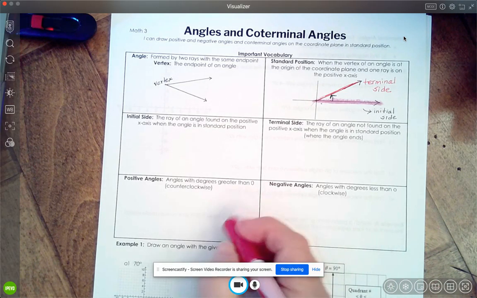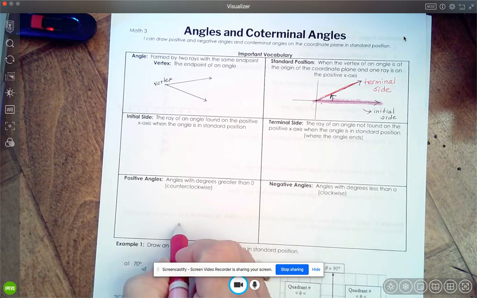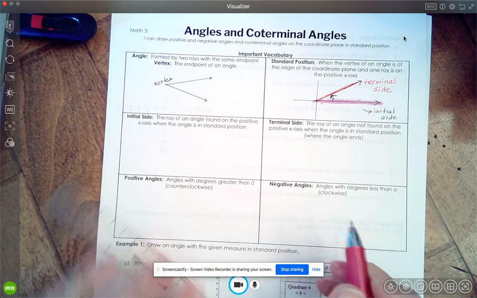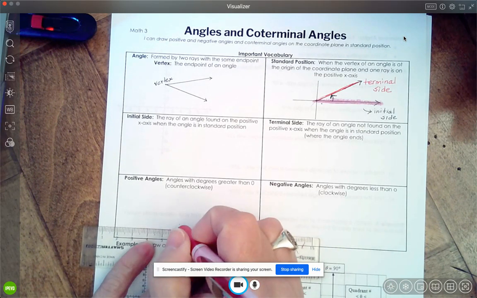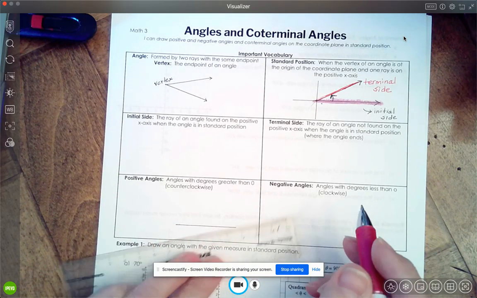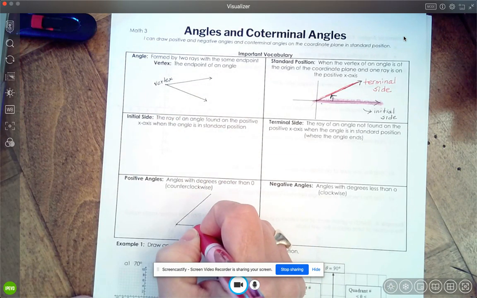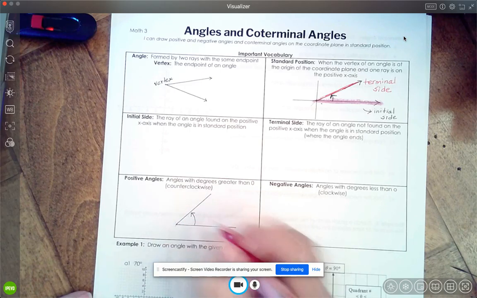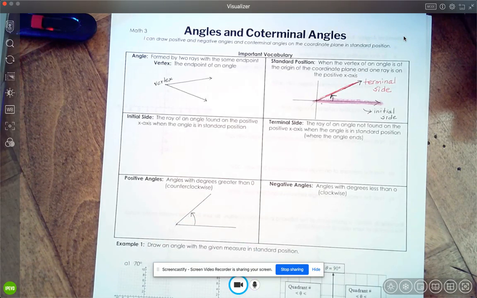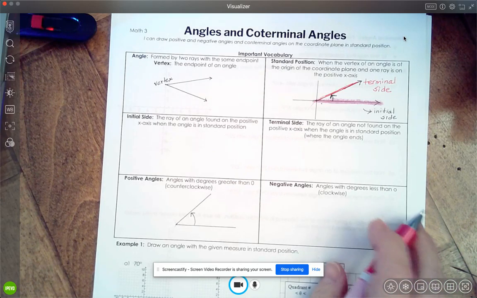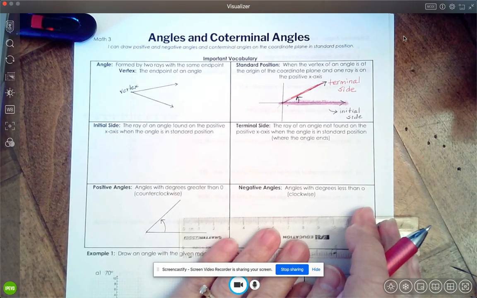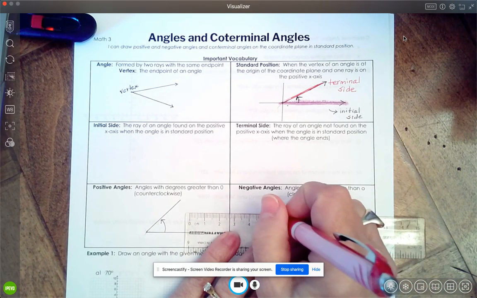Now, a positive angle is going to go counterclockwise, and it is going to be greater than 0. It doesn't matter how far we go. When we start here and go this way, counterclockwise, it is a positive angle. A negative angle is one that is less than 0.